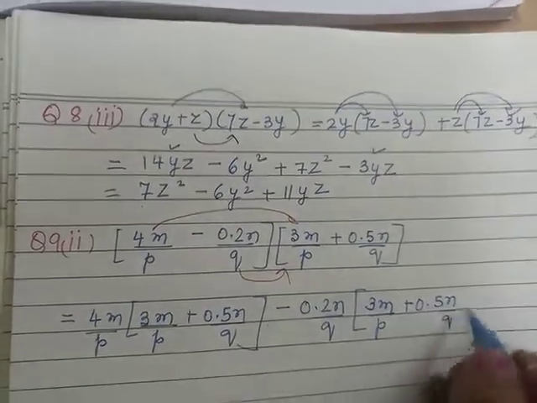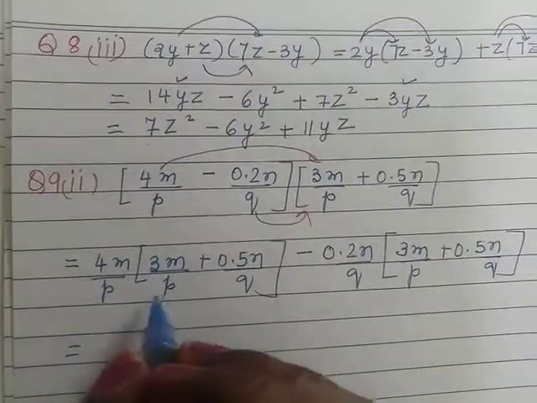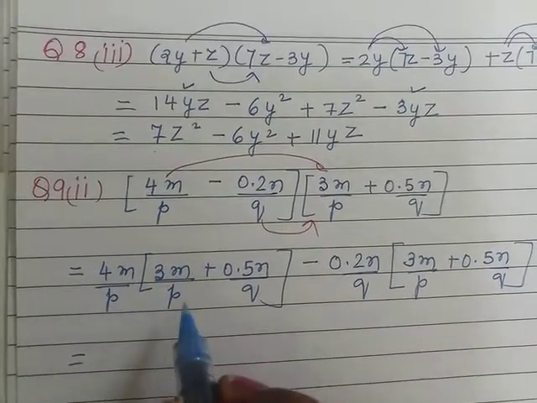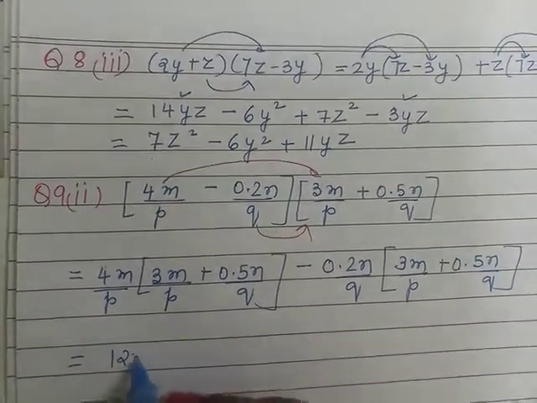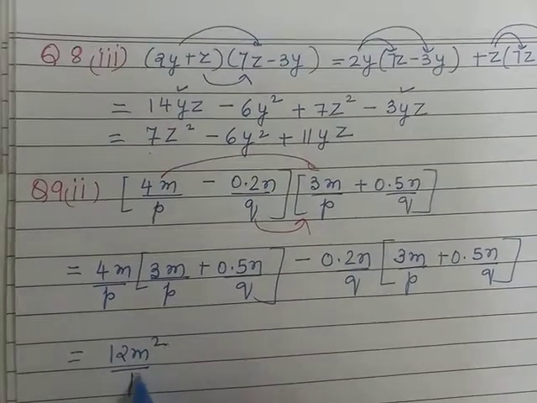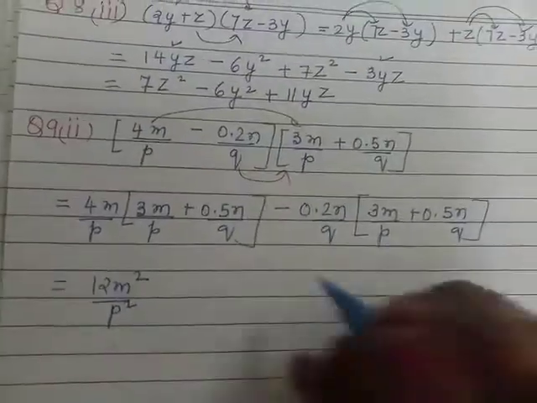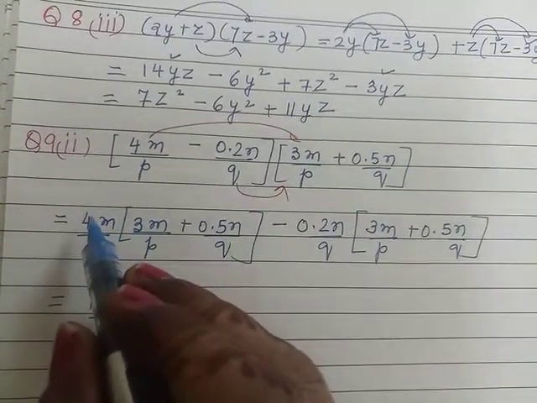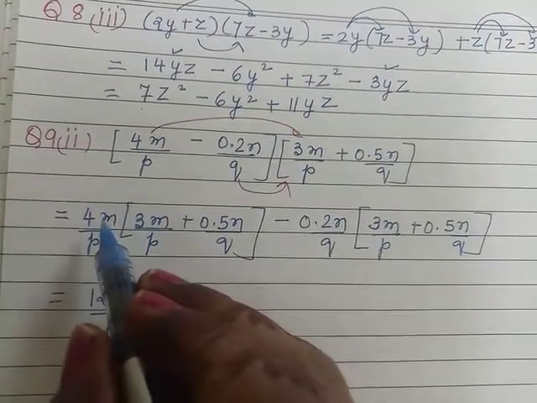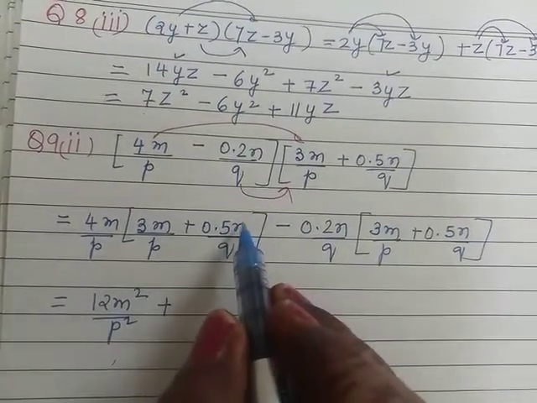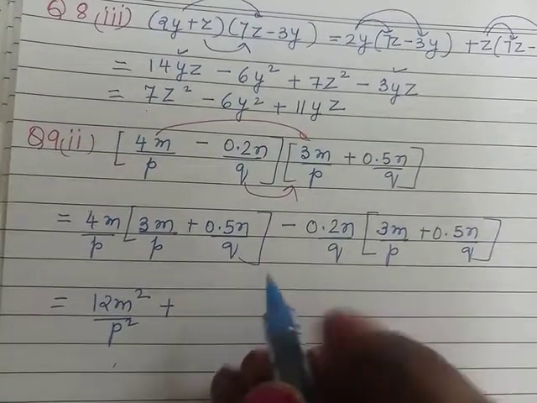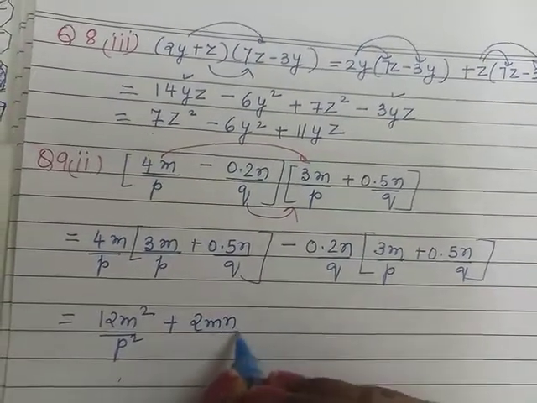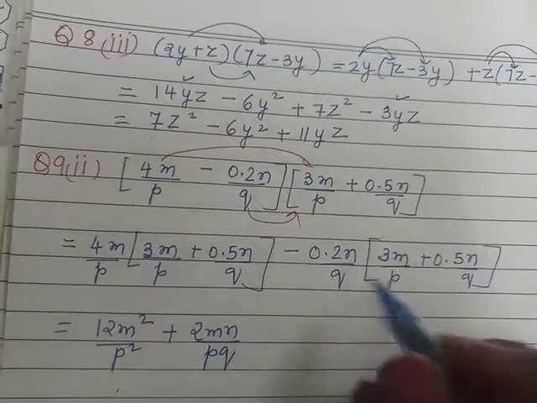0.5n by q. Now we multiply 4 3s is 12, m into m square, and p into p square, 12m square p square, plus sign is there. 4 into 0.5, if you multiply, that is going to become 2. m into n will give you mn, p into q will give you pq. So that becomes 2mn upon pq.